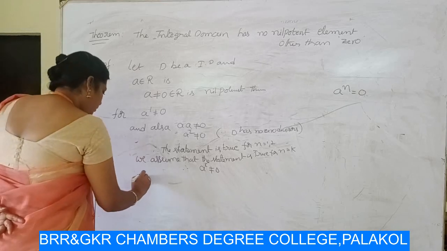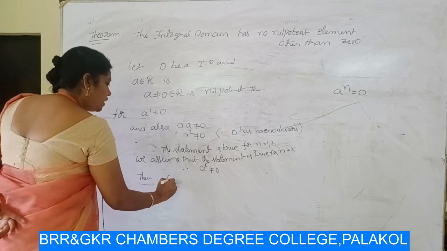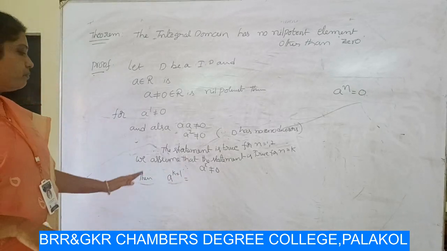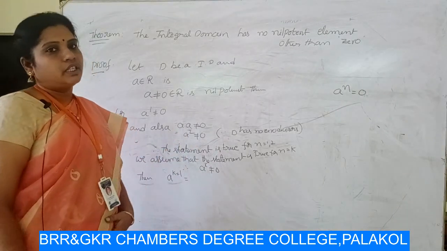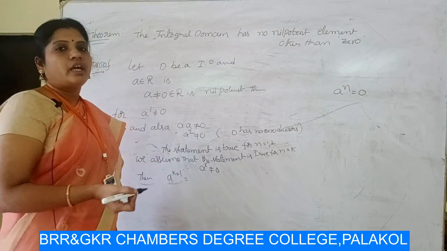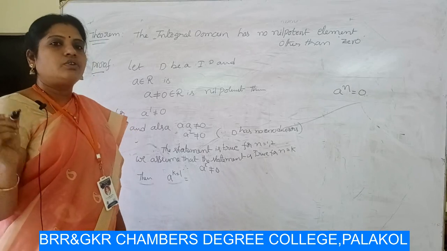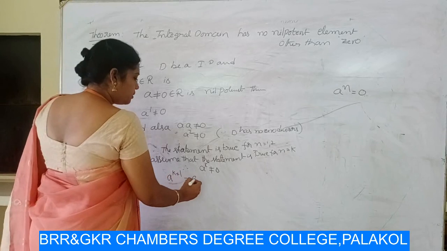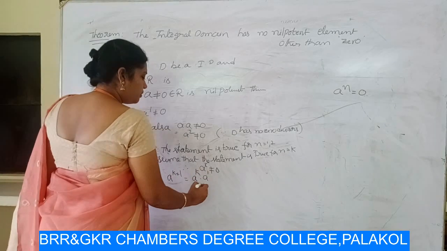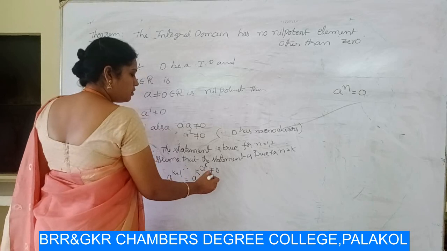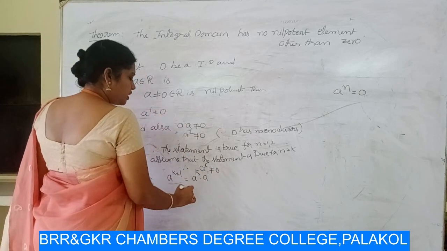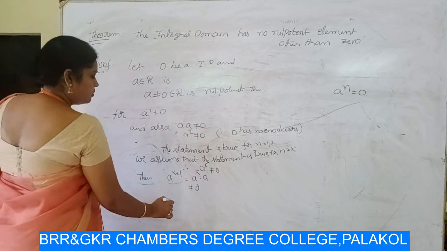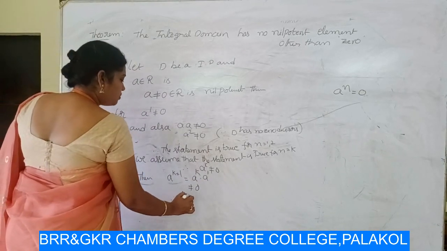Now we have to prove A power k plus 1 is not equal to 0. Then by mathematical induction we have A power n not equal to 0 for all n belonging to N. A power k plus 1 can be written as A power k into A power 1. Here A power k is not equal to 0 and also A is not equal to 0, so their product is also not equal to 0. Therefore A power k plus 1 is also not equal to 0.